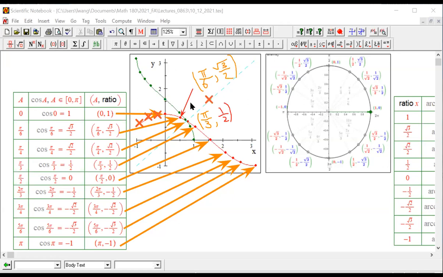This little green dot, okay, which is over, right? This green dot, what is it? That point on the arc cosine, it's half.